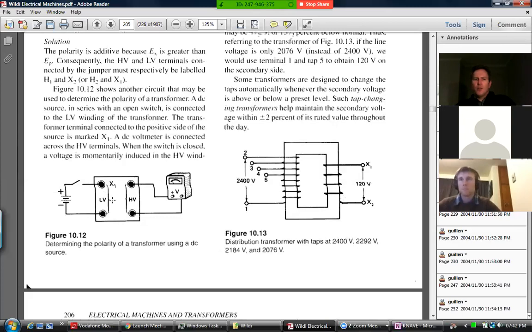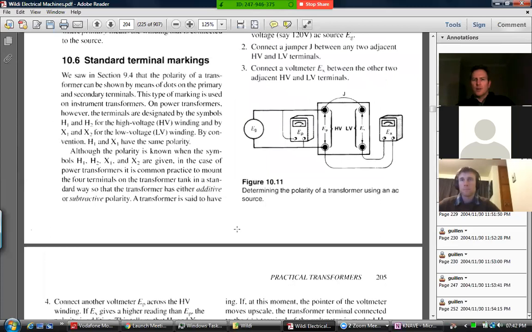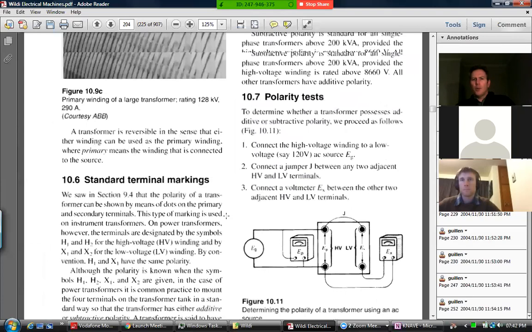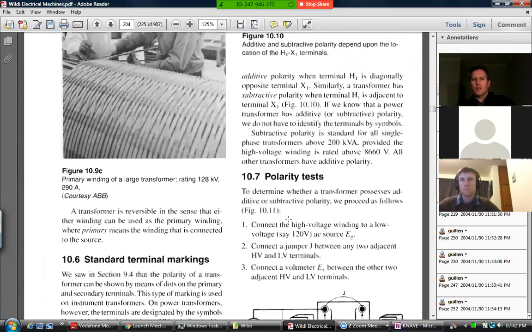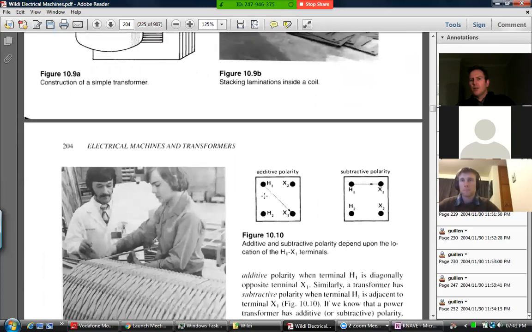And here they show you, okay, the H1s and the X1s. We'll come to that next time. Yeah, have a look through those terminal markings, polarity tests. The H's are what they use for the primary side and the X's for the secondary side. So a 1 and a 1 correlate the same as those polarity markings.